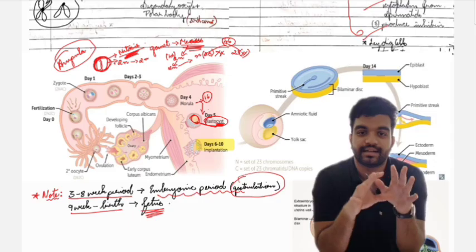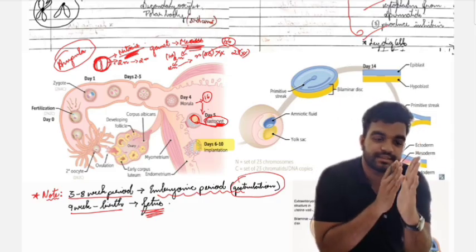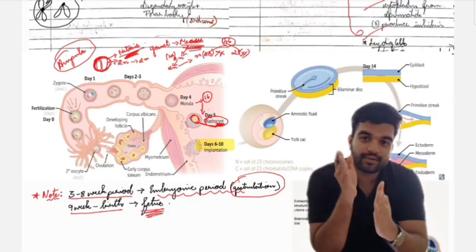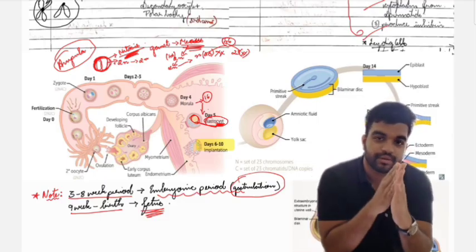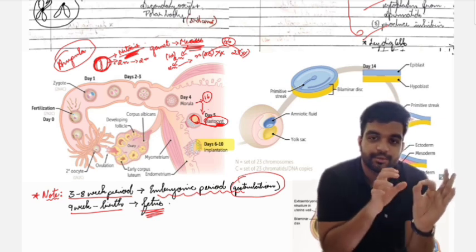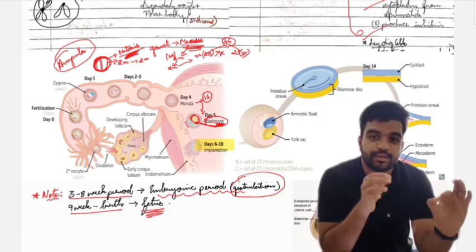Okay, I hope you have understood. First, we discussed the genetics that is required for formation of gonads. Once the gonads are formed, there is formation of gametocytes, that is oocyte and sperms. So oocyte and sperm underwent fertilization to form a zygote.